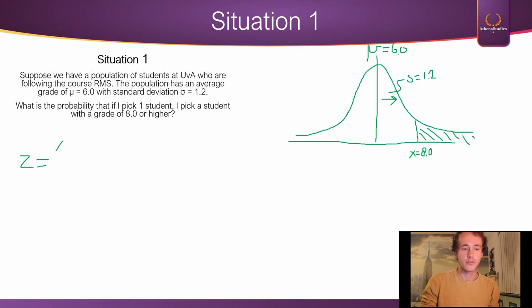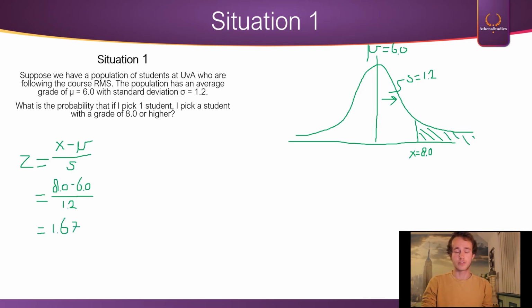All right, so the formula is x minus the mean divided by the standard deviation, which is 8.0 minus 6.0 divided by the standard deviation, which is still 1.2, and this corresponds to a z value of 1.67, and you can calculate this for yourself as well.